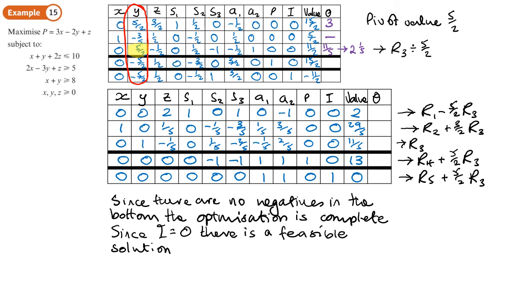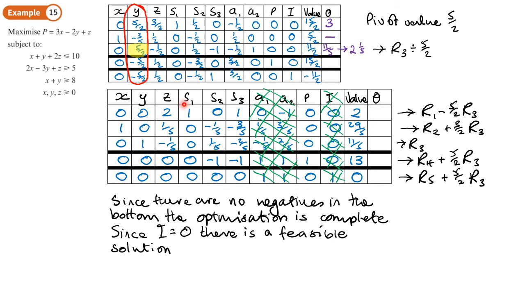Now to go on to stage 2, since we've completed the optimization of I, we now can cross out or delete the column with the artificial variables and I, and when we proceed to stage 2, we proceed as we would normally, as if it were a one-stage simplex algorithm question.